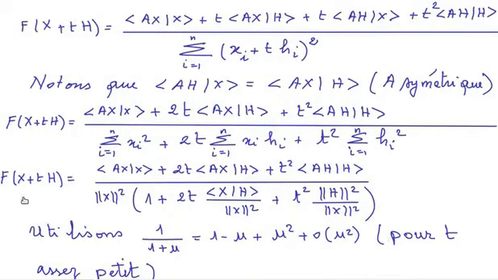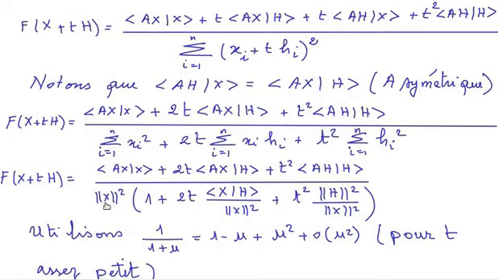We will provide a limited expansion of this expression with respect to t, up to order 2. So obviously, to be able to do it, we will put in the denominator this term, which is equal to the norm of x squared, as a factor.